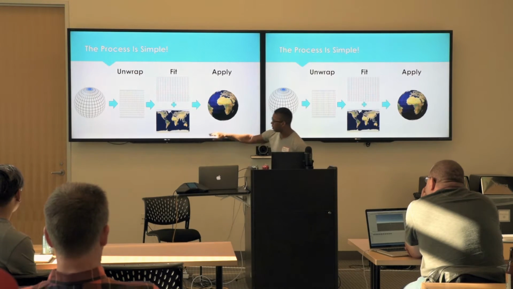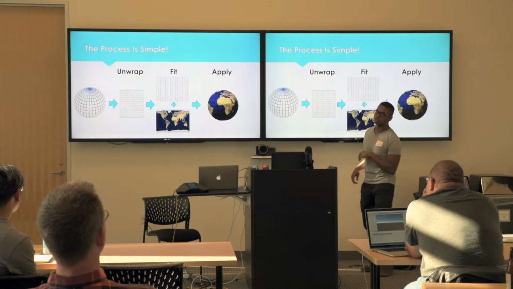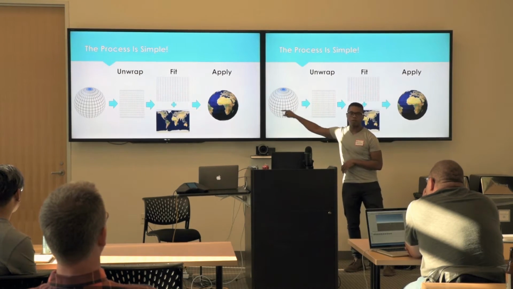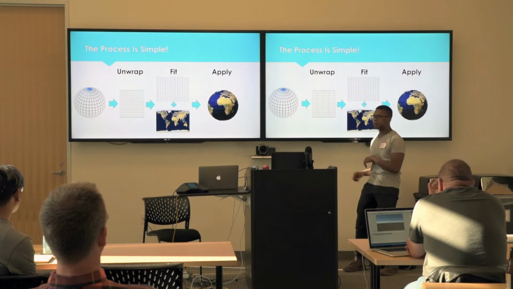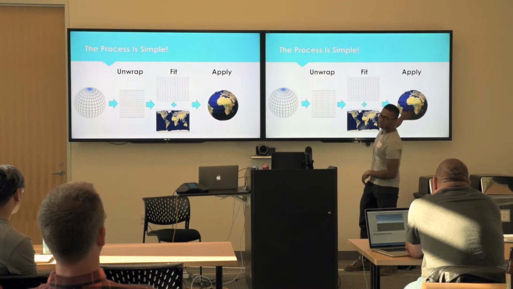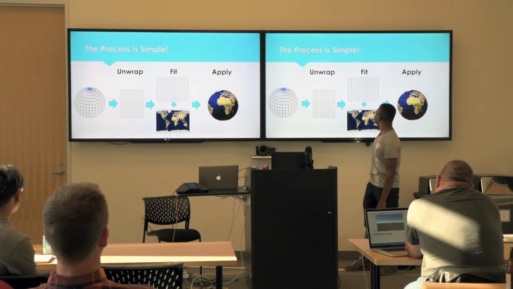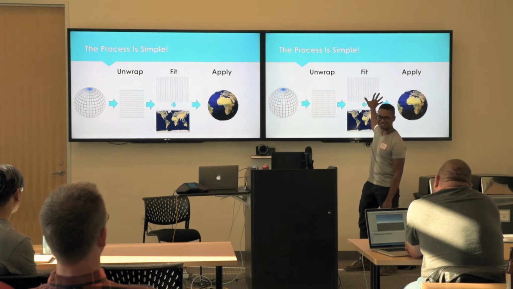We have an image file and we have a mesh, and we basically want to say this point in the image file matches with this part of the mesh that we want to show it on, and this part of the image file we want to show on here, and we basically want to have this overall output, right? So I kind of broke it down into these 3 steps.